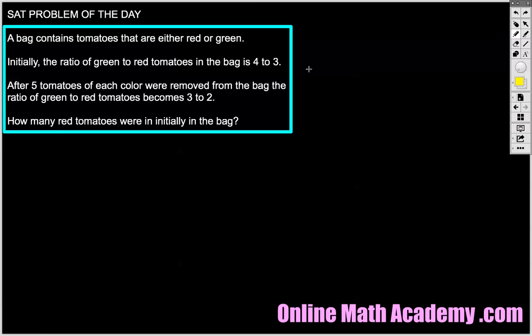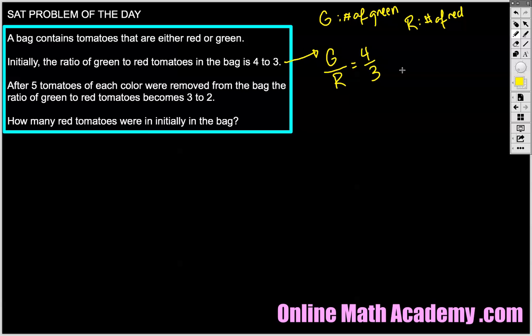So how do I express that mathematically? Well, there's a couple ways I can do it. The first way is with a fraction. If I let G be the number of green tomatoes and R be the number of red tomatoes, I can say G over R is equal to 4/3, right?